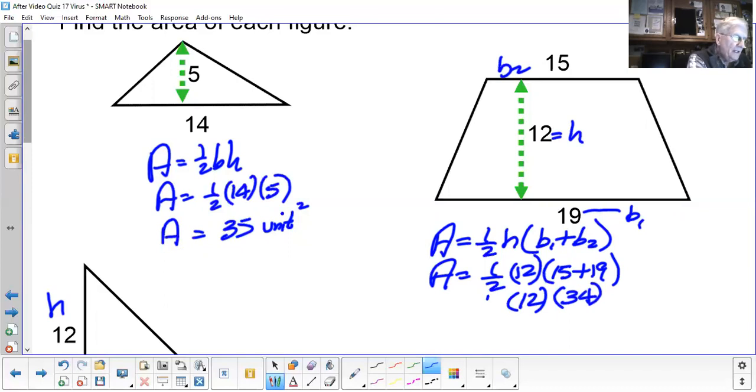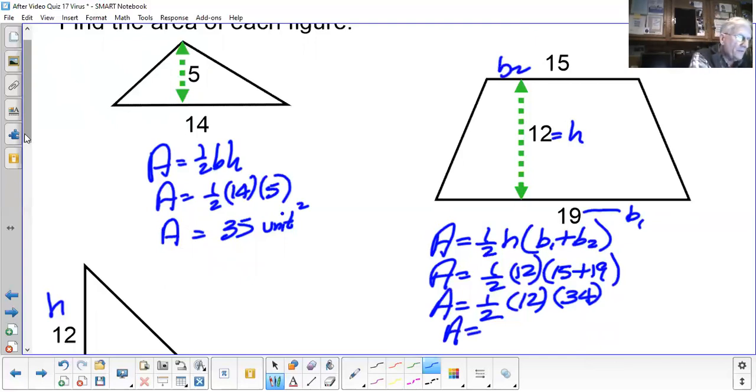Here's 12. Here's the 1/2. So to get the area, I can take half of 12, which is 6, and I will do 6 times 34, which I will do on my calculator here. 6 times 34 gives me the answer of 204.